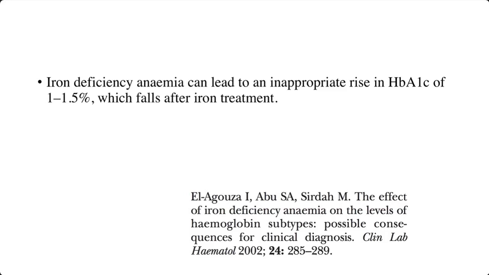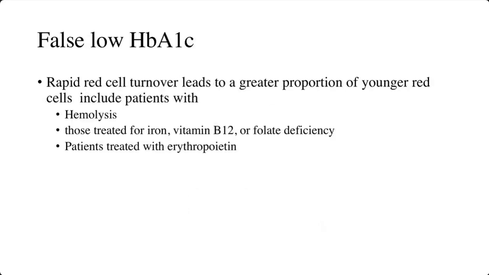So I think we need to be careful. I've seen patients with falsely high hemoglobin A1C to an extent of 6.7, and they have totally normal blood sugar. So you have to know the limitations of the hemoglobin A1C test, especially in your population.